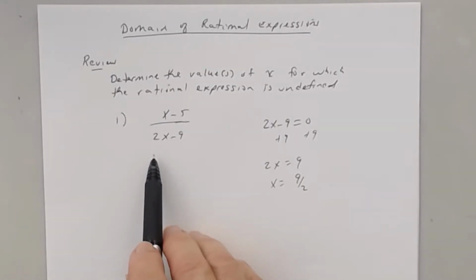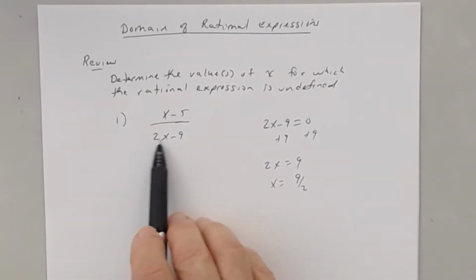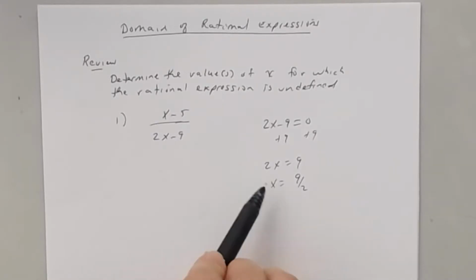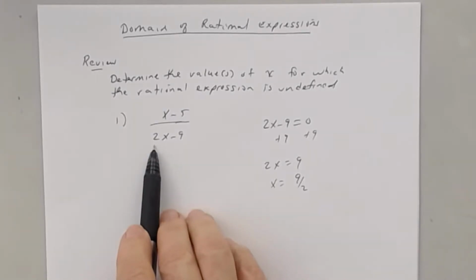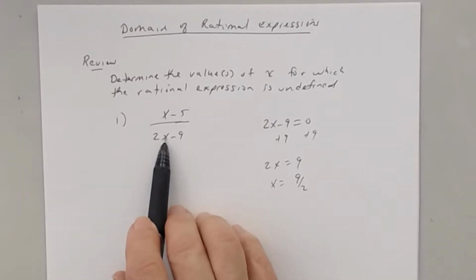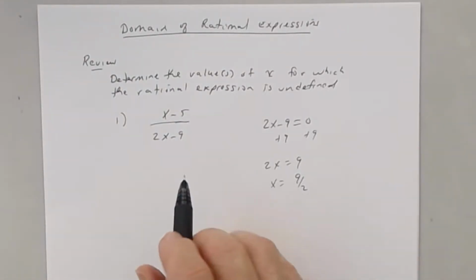Not 0, because if x is 0, what's 2 times 0? What's 0 minus 9? My denominator is negative 9. That's not 0. So 9 halves is what makes it 0. And you can check: what's 2 times 9 over 2? 9.